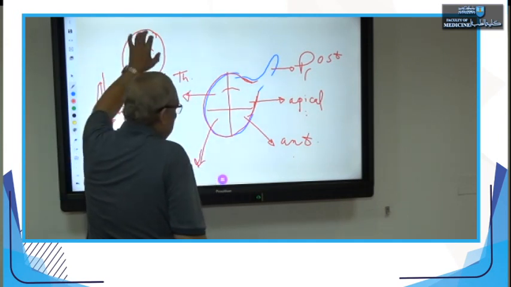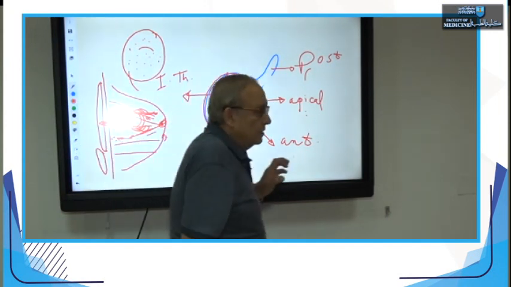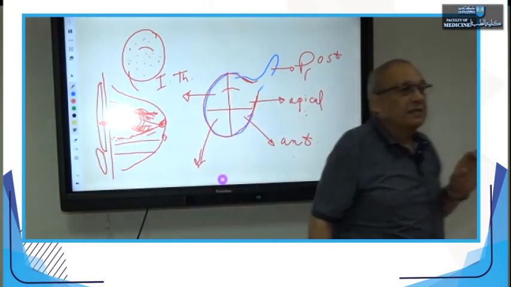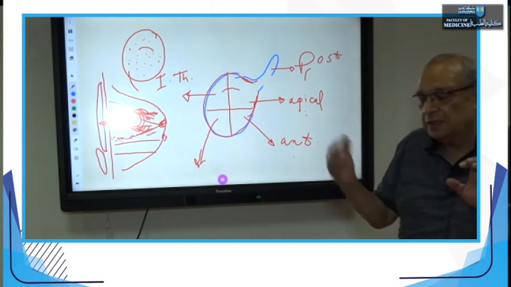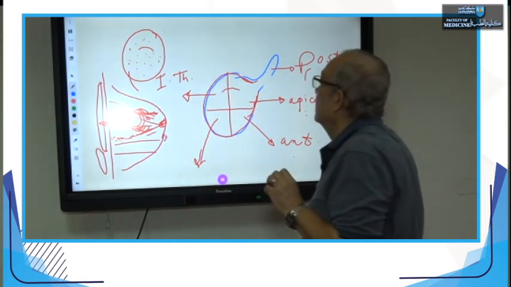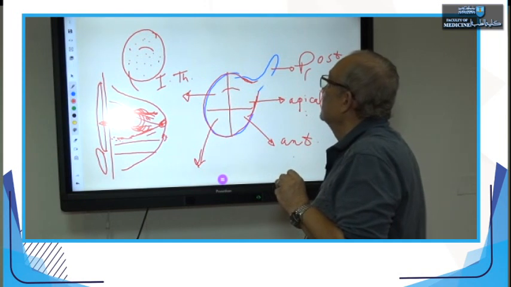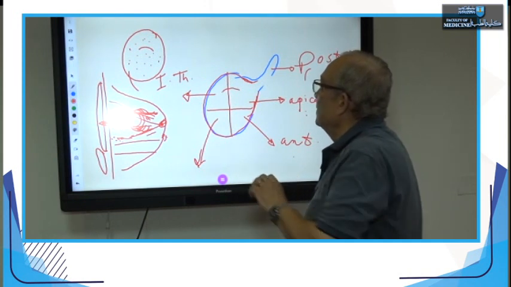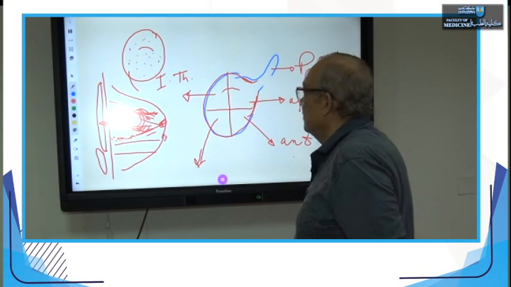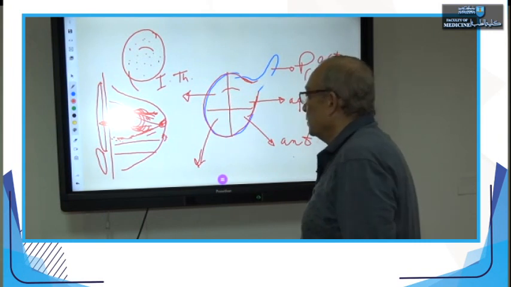Pitting of the skin means that the suspensory ligaments have been shortened. If it is edematous, it means that the lymphatics have been blocked.